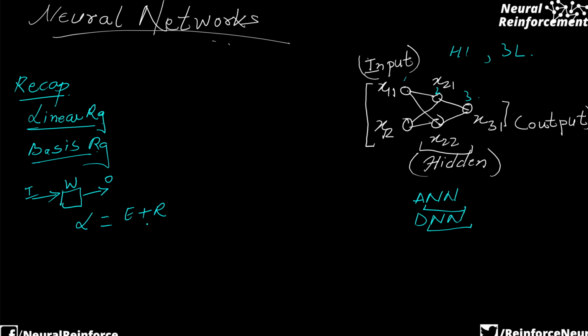In the case of neural networks, since we will not use regularization in this particular form, we'll use some other form of regularization, so we are assuming loss equals error in this particular case.